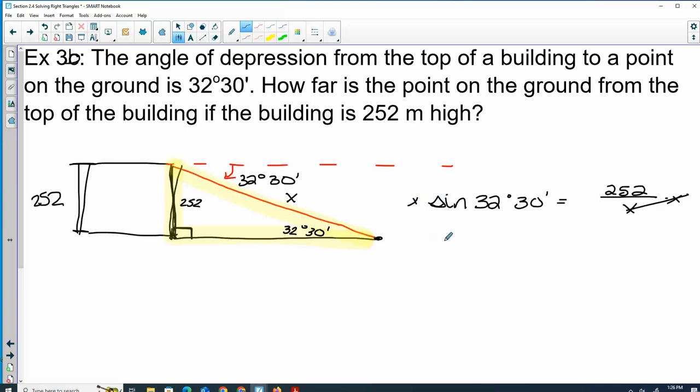We multiply over the x, and then we can divide by the sine. Make sure your calculator is in degree mode. And we have 252 divided by sine of 32 plus 30 over 60.